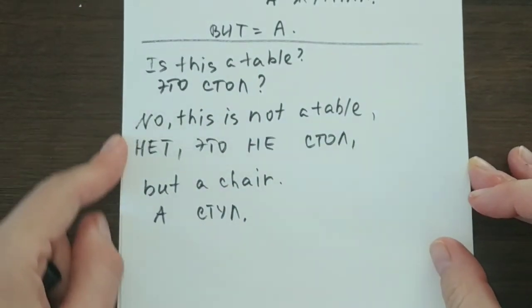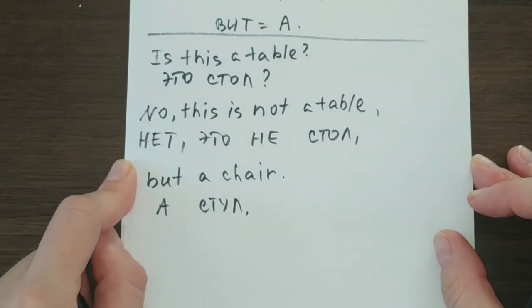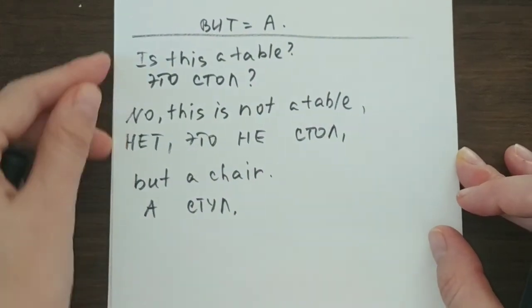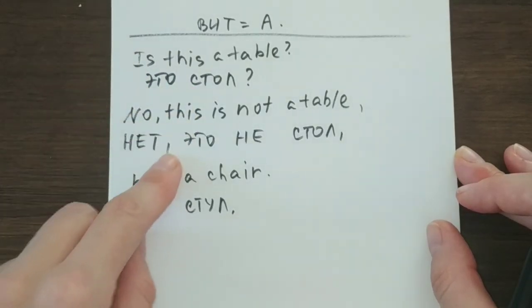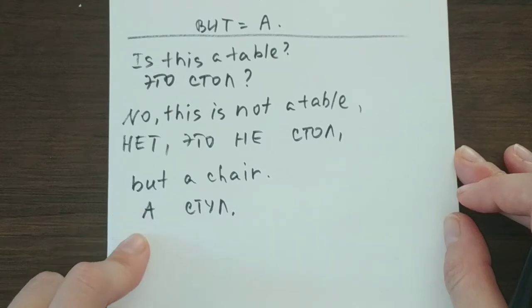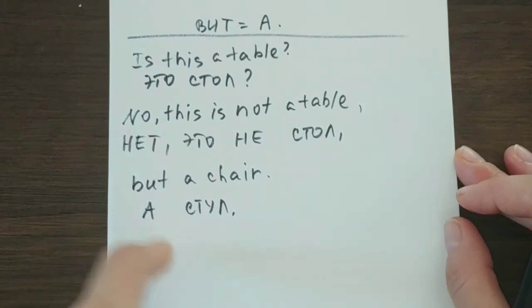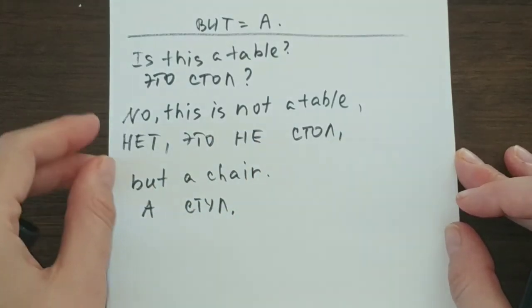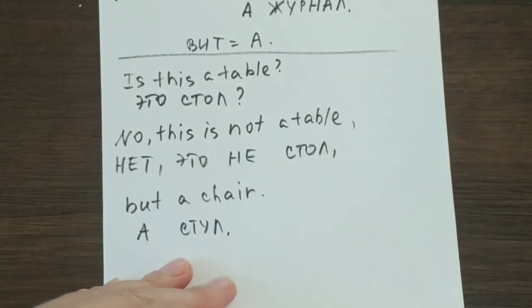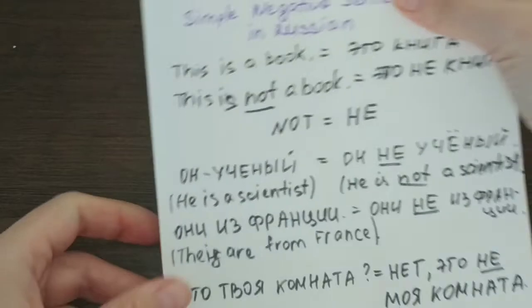So that's how these types of sentences are pronounced in the Russian language. So not has the equivalent of не, and but has an equivalent as а. Не and а. So that is the way you form these very simple negative sentences in Russian.